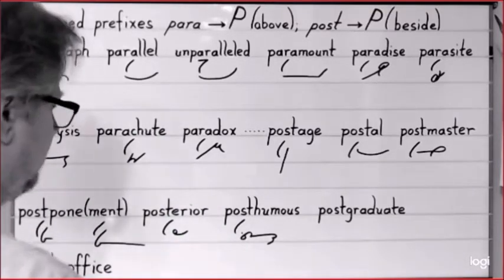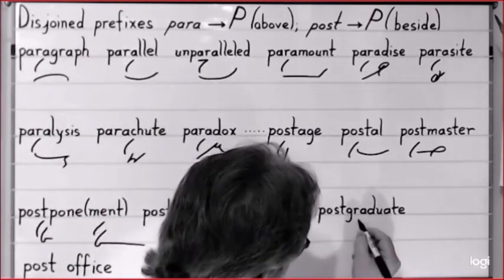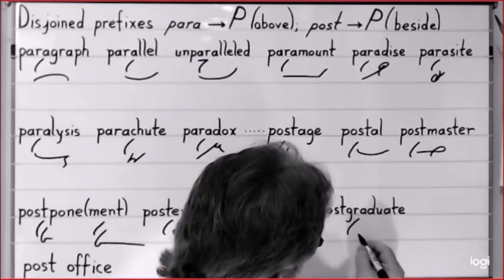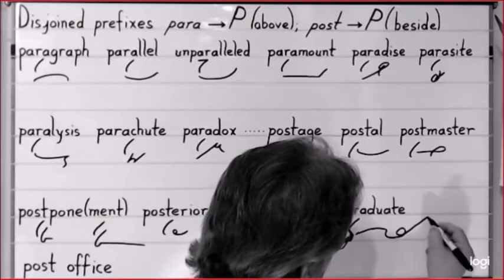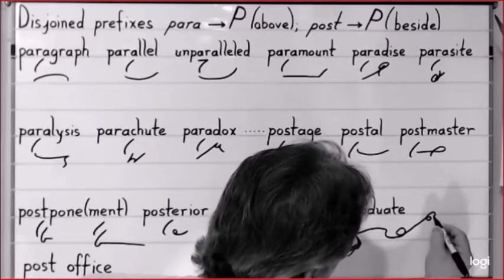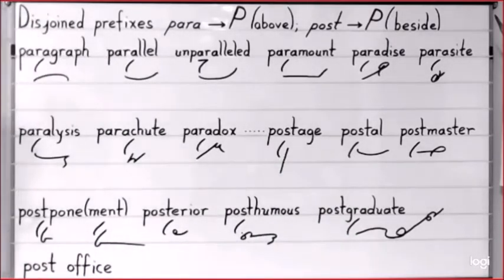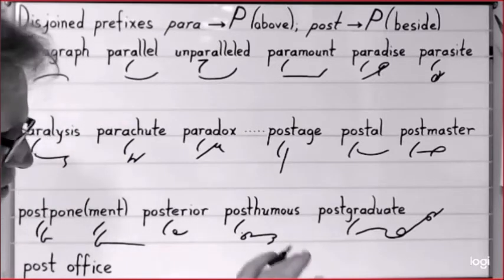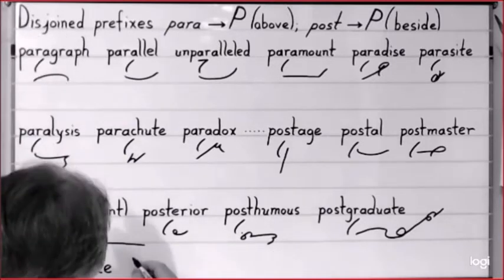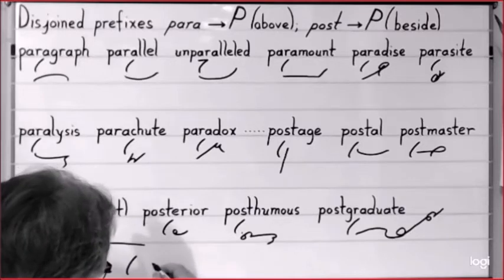For postgraduate, it is a P, then a G, R, A, D, E, U, T. And then finally, post office, two separate words. But if you think of post office box, we usually say P.O. box. So you're just going to write a P, then an O beside it.